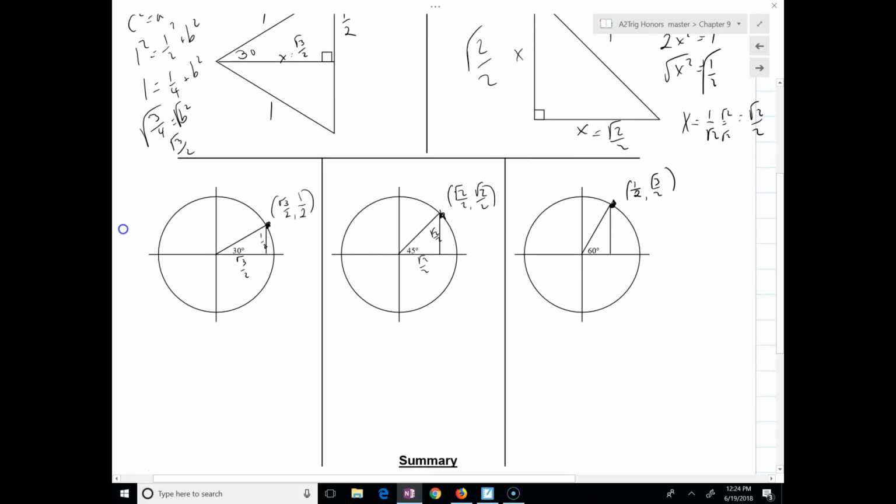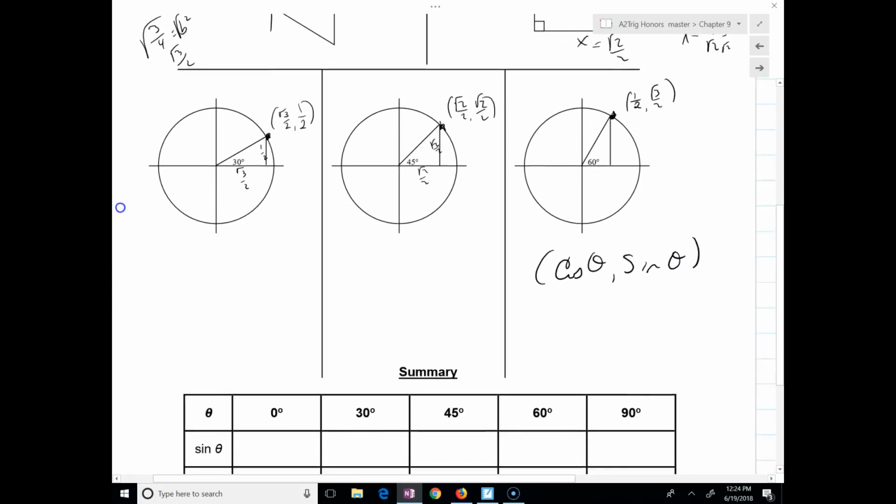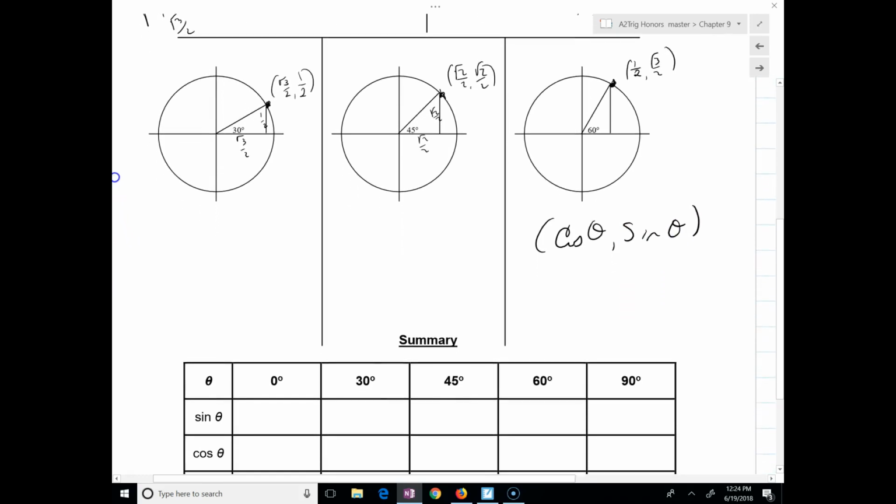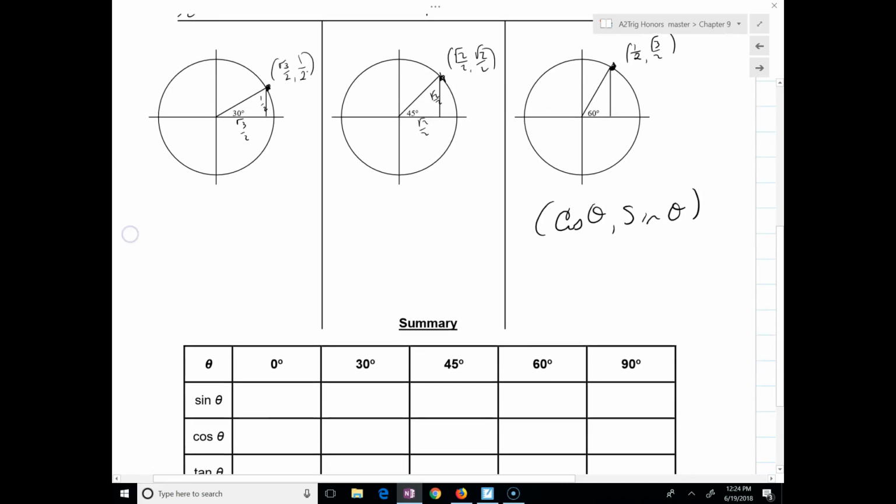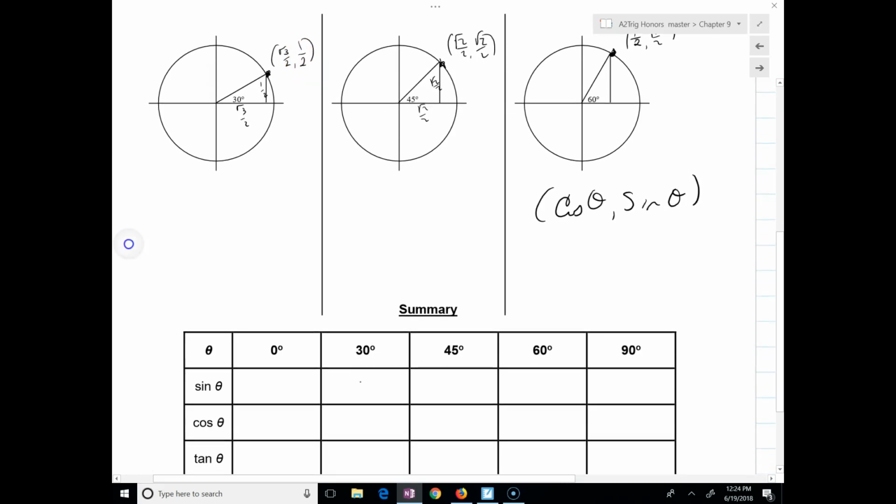Now, why is this cool? Well, we know that sine, again, is the y-coordinate. It goes cosine of theta, sine of theta. Sine is the y, cosine is the x. Well, if you look, because this is a 30-degree angle, sine is the y. Well, it's just 1/2. Cosine is the x, which is radical 3 over 2.